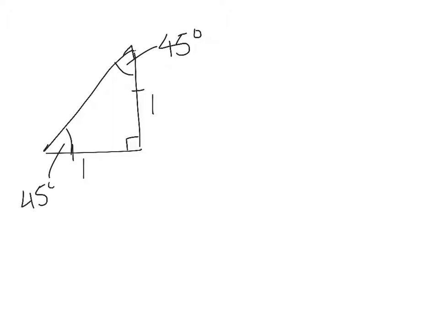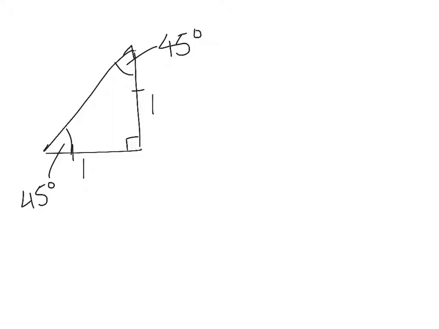Suppose we have an isosceles triangle that looks like this. We've got side lengths of 1 and 1, and we've got a right angle. Now we know that the base angles in an isosceles triangle are equal, and the angles have to add up to 180. So that means that this is 45 degrees, and this angle is also 45 degrees.